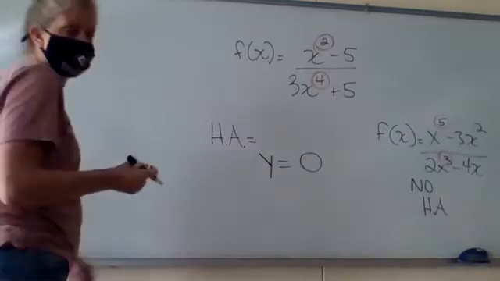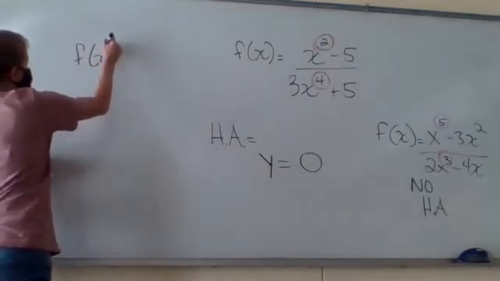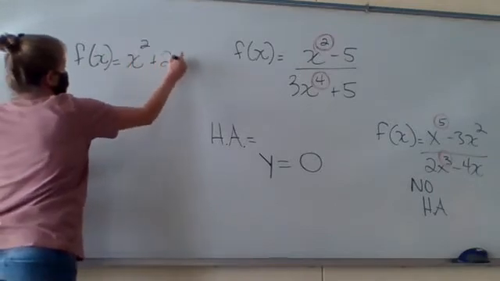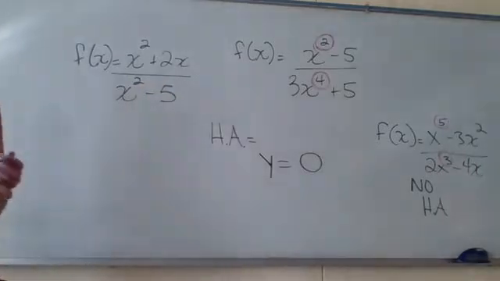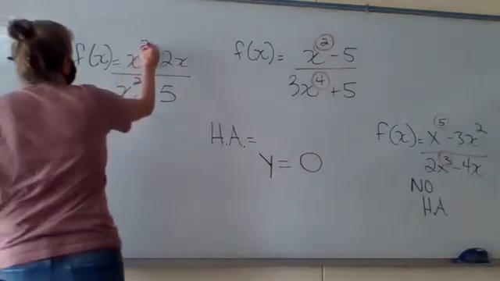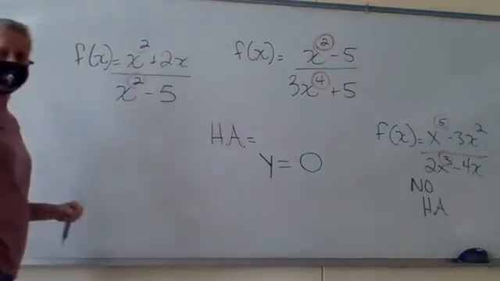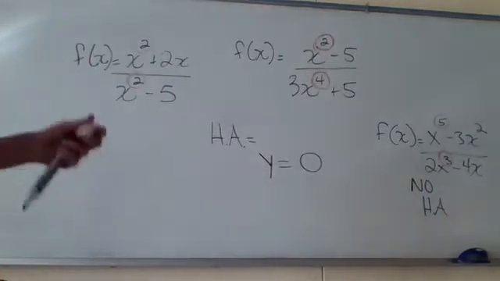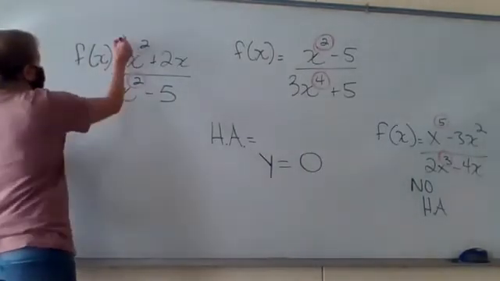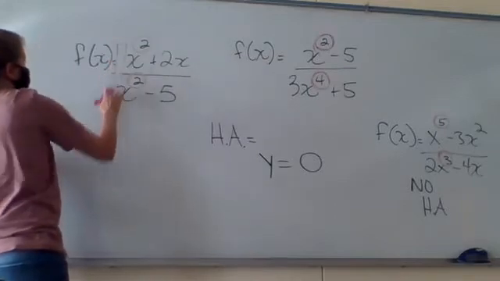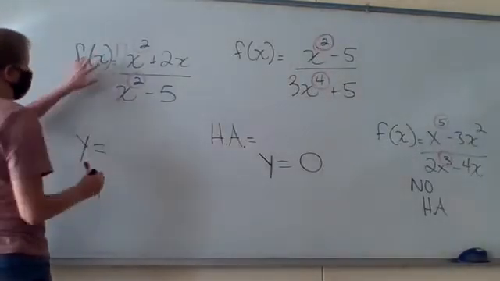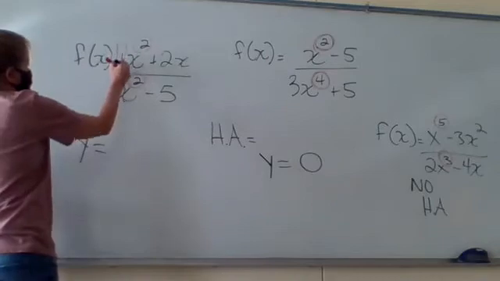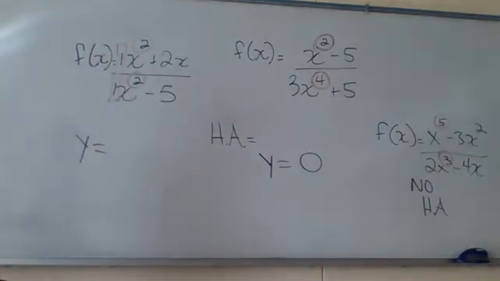And the last option of something that this could be is like this. So here, if you looked at those degrees and they equaled each other, that's when you look at the leading coefficients, which are the numbers in front of those leading terms. And it's going to be at y equals whatever that fraction reduces to be. So since that one's 1/1, your horizontal asymptote would be at y equals 1.